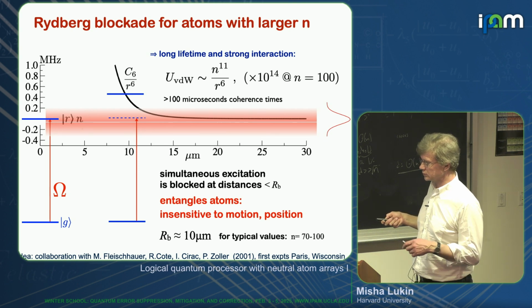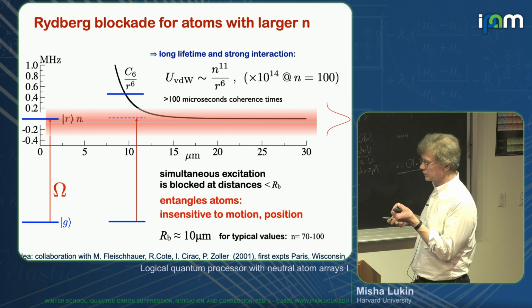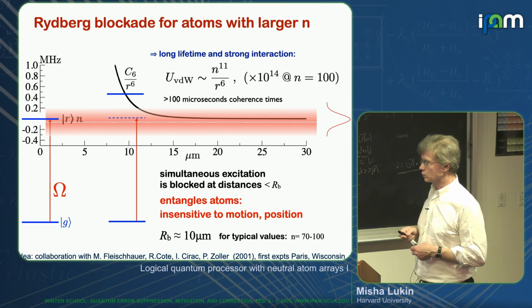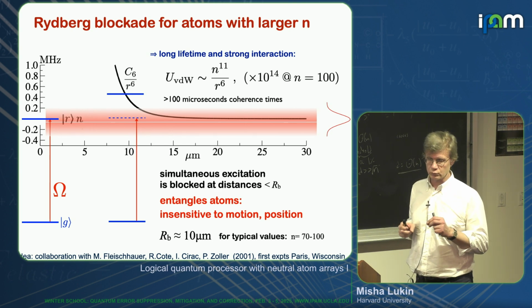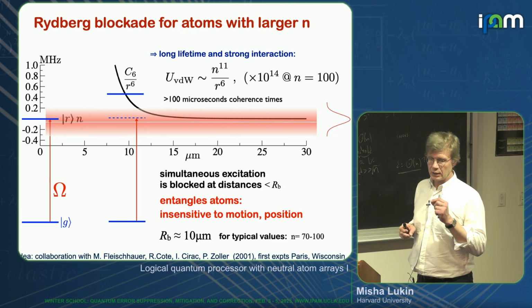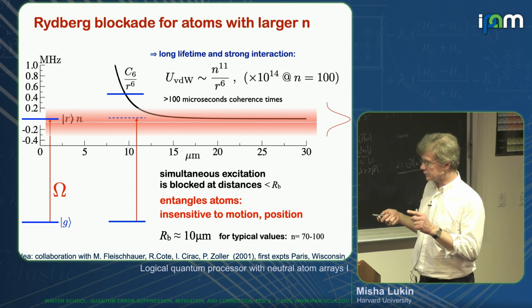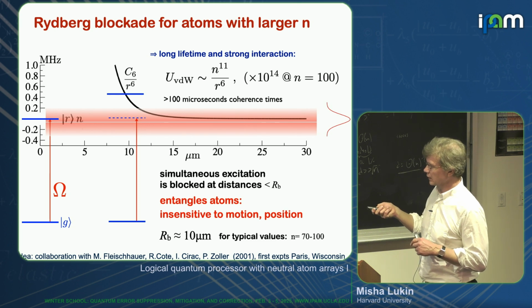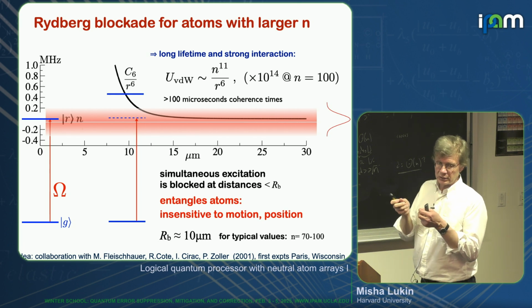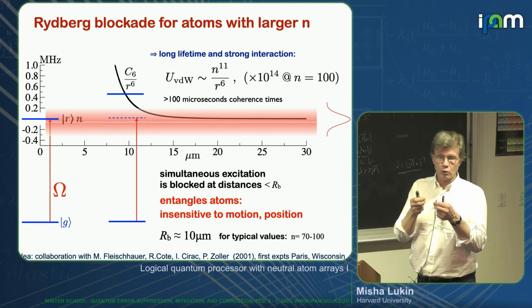It means that simultaneous excitation of two atoms is blocked at distances smaller than this characteristic Rydberg blockade radius. It turns out that it's a unique mechanism to entangle atoms and do quantum logic in a robust way. The reason it is robust is that if you work in this Rydberg blockade, you become insensitive to the exact position of atoms or motion.